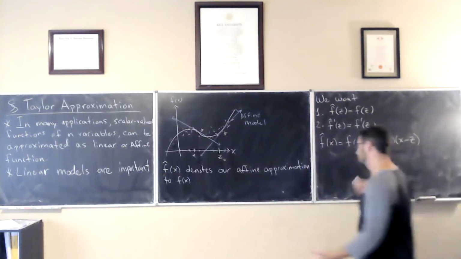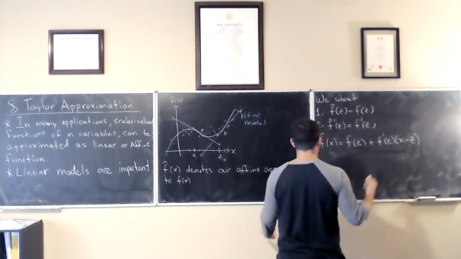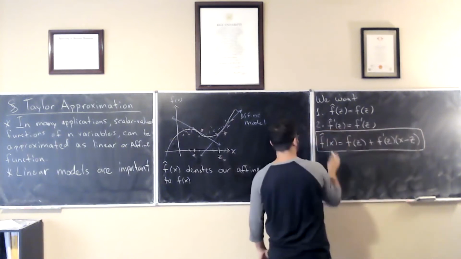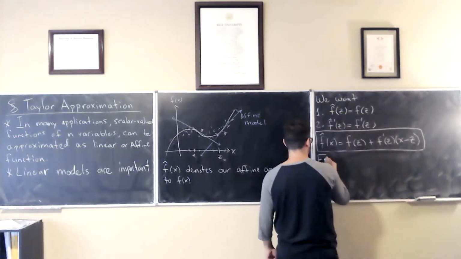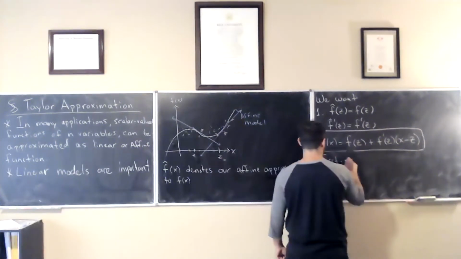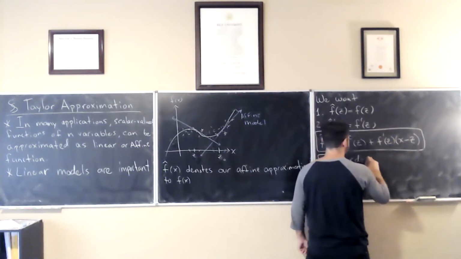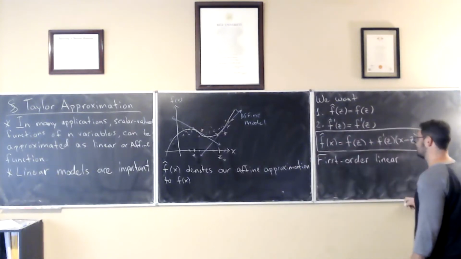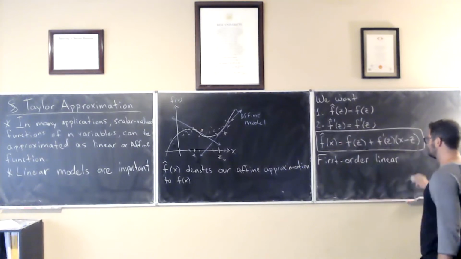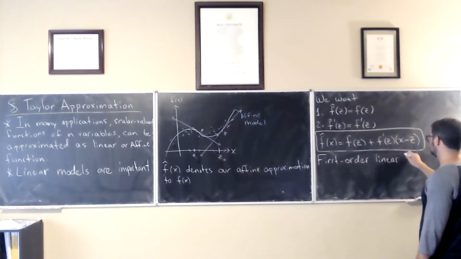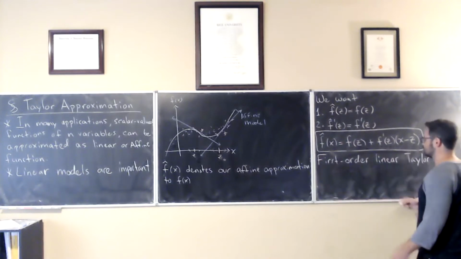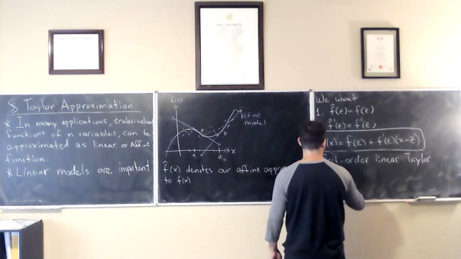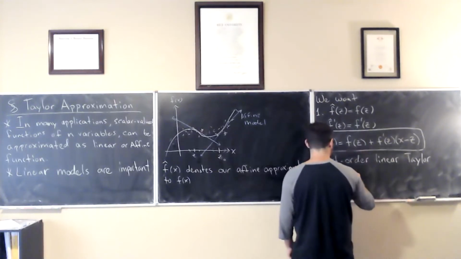People will refer to this as a first order linear Taylor approximation for the function around z, around the input number z. It's really an affine function, but people call it linear.